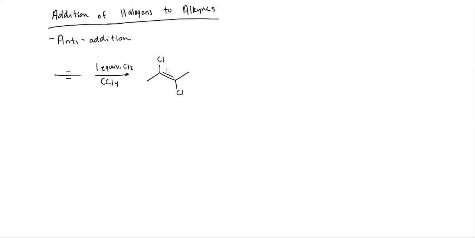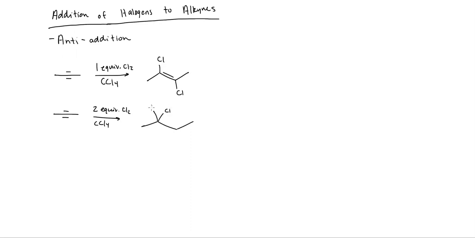You'll notice that the Cl's are on opposite sides because it has to be trans because it's anti-addition. So it will always be trans whenever it can be. So this is one equivalent of Cl2. However, if I add two equivalents of Cl2 and CCl4, then what happens is I just add two Cl's to each carbon.